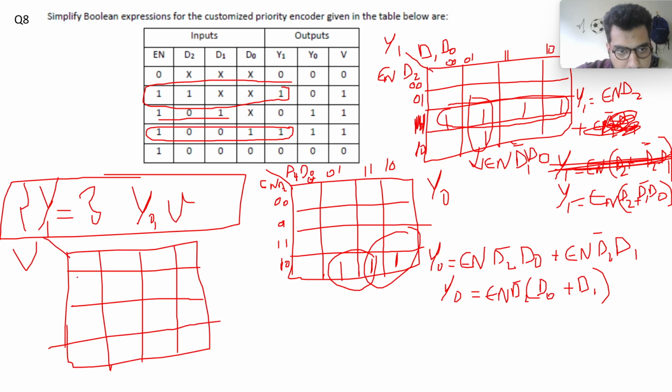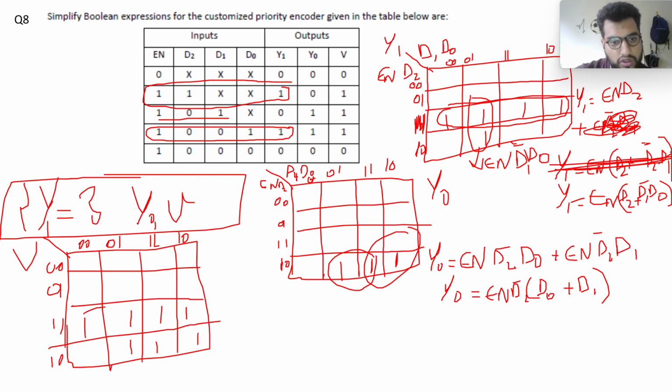Again, similarly following the same strategy, en d2. Now v is 1 when en and d2 is 1 and d1 and d0 are don't care, so it's 1 for this complete row. V is 1 when en and d2 is 1 0 and d1 is 1 and don't care on d0, so it's like this, and it's also 1 for 1 0 0 1.